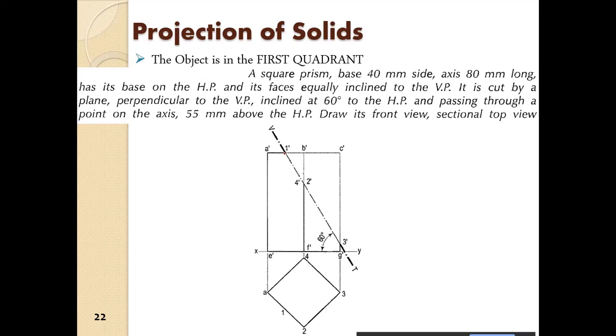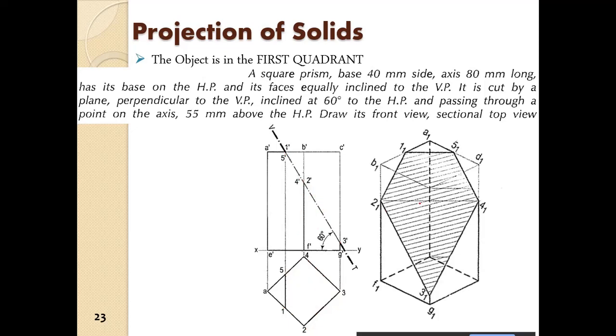From the plane of intersection you drop projections. So this is 4 dash and this will be 2 dash, and this will be 3 dash here, and this will be the plane of intersection, like this.